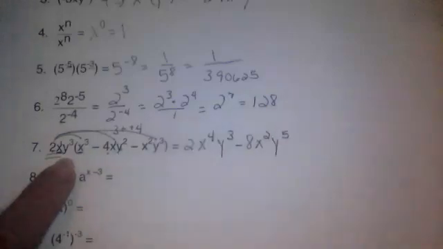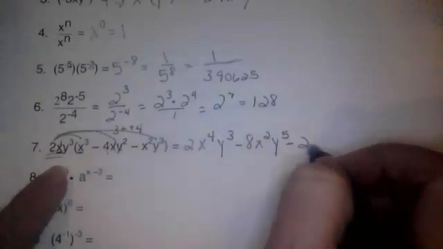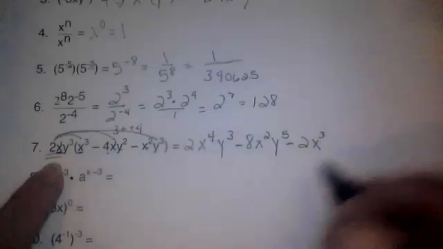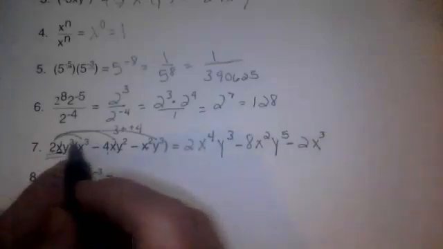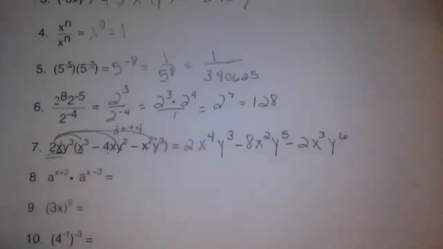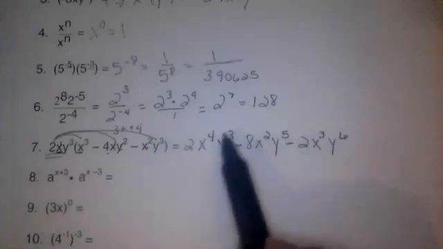You add the exponents, and then minus 2x to the first times the second would be the third, and y to the third times y to the third would be y to the sixth. And none of these can be combined because none of them have the same exponents.